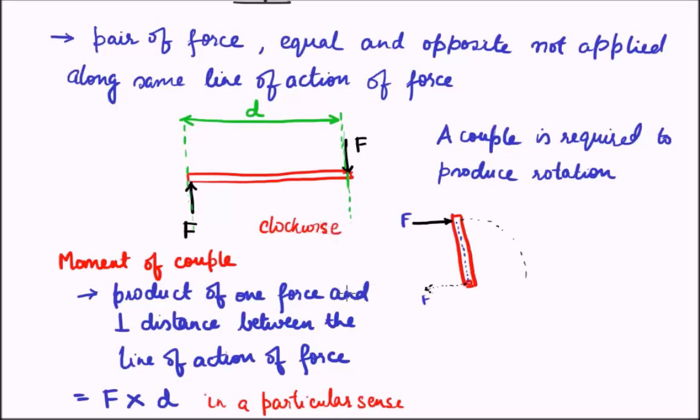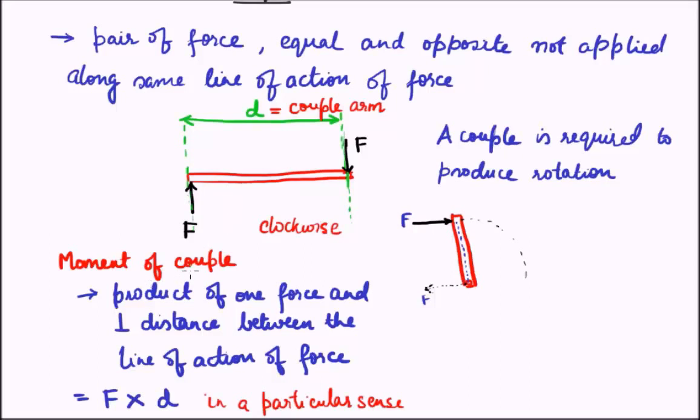The second thing is that this distance D between the two parallel forces, the perpendicular distance D, is given a special name, couple arm. So when someone says couple arm, it means the perpendicular distance between the two forces of a couple.